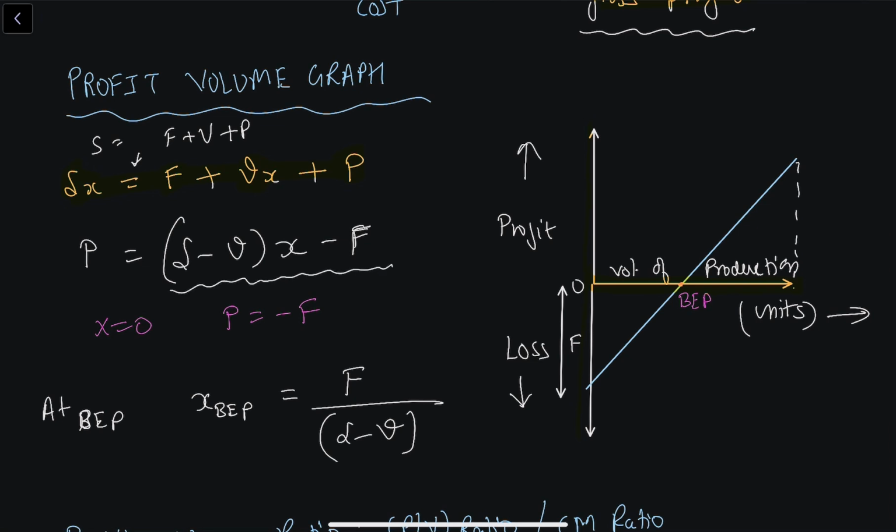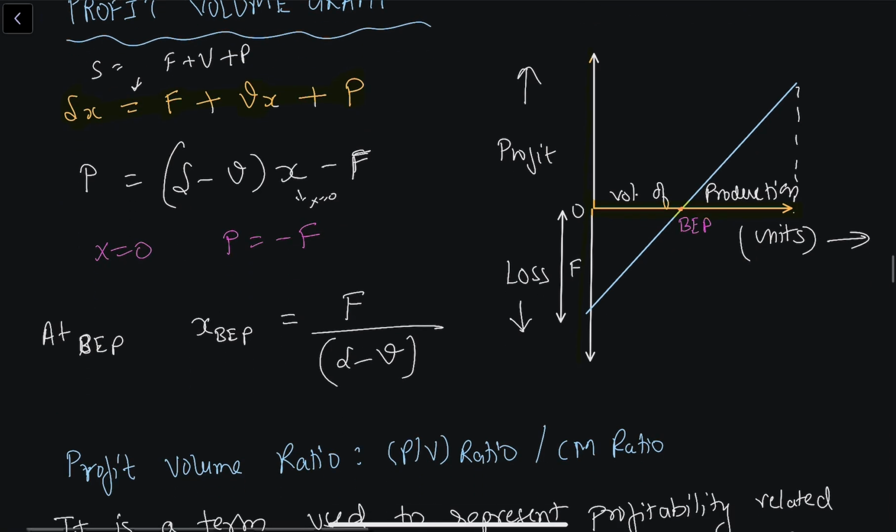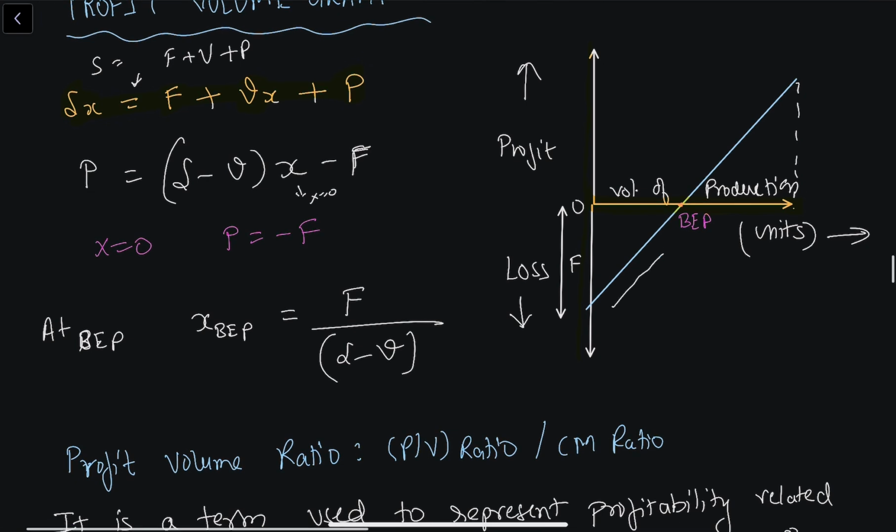Suppose I did not sell any unit. Then my X is equal to 0 initially, and my profit is nothing, my loss is F. Whatever I'm investing as a fixed cost will be my loss. It's nothing new. As soon as I start selling, my volume of production increases and my loss reduces, and there will be a point where I have no profit, no loss.